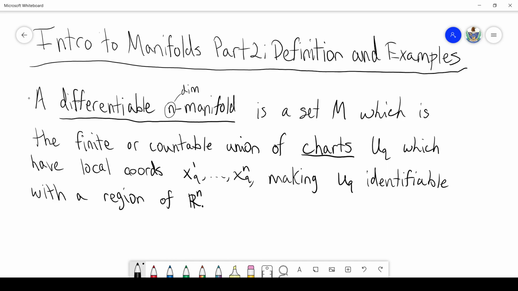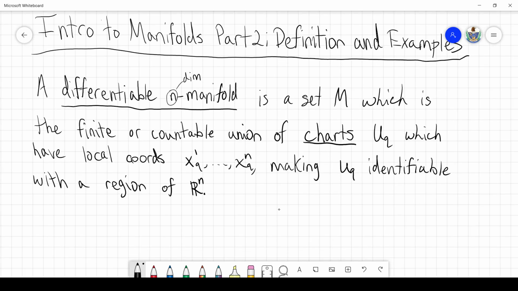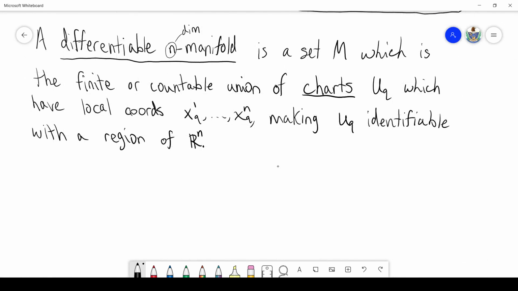Alright. And further, this isn't the full definition. Furthermore, on each non-empty intersection of charts, so if you have UP and UQ and their intersection is not empty, remember this is the symbol for the empty set, then essentially we have two coordinate systems on the same set, right?